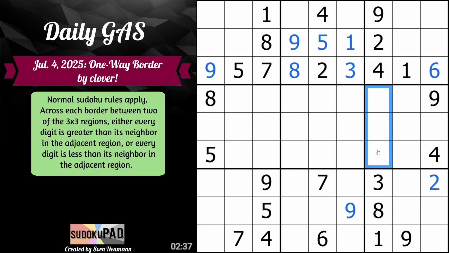And 5, 6, 7 could still be less. That still works. This being 7, for example, could leave us with 6 or 2 here. So there's options.